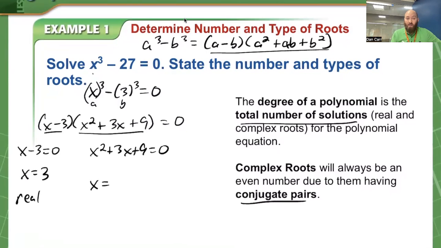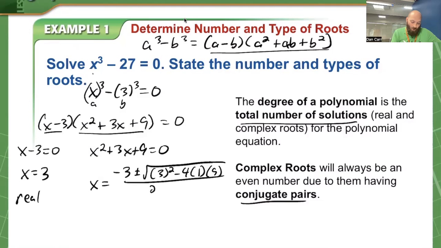Now I have a quadratic, but we should get complex numbers. I don't think we're going to get real ones. So let's try this out. x equals negative b, so negative 3, plus or minus the square root of 3 squared minus 4 times a times c, all over 2 times a.